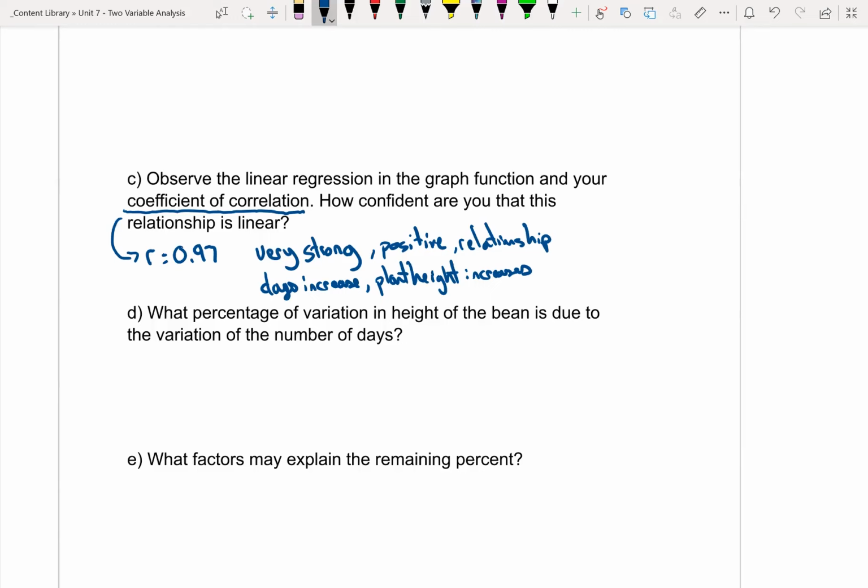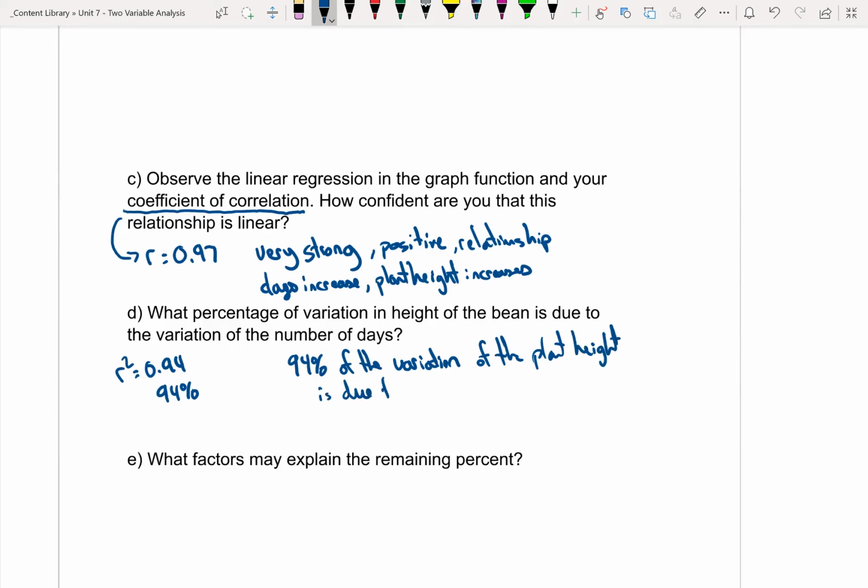What percentage of variation in height of the bean is due to the variation of the number of days? Well, because my r squared value is equal to 0.94 rounded, or 94%, what this is saying is that 94% of the variation, or 94% of the plant height, is due to the number of days.